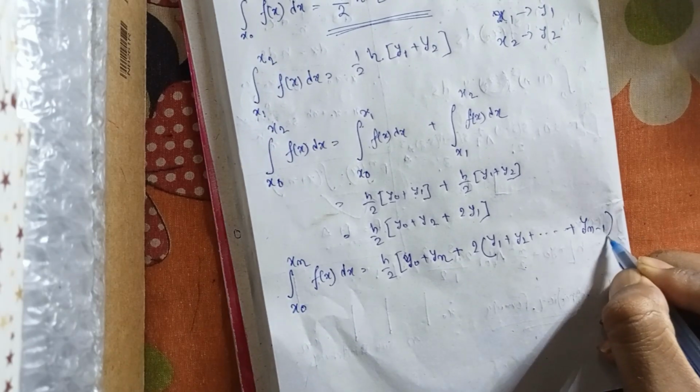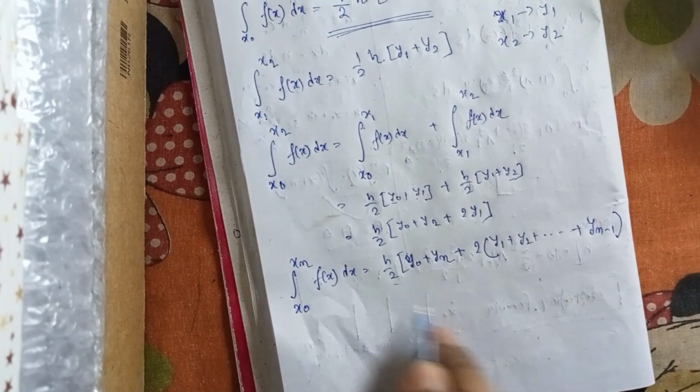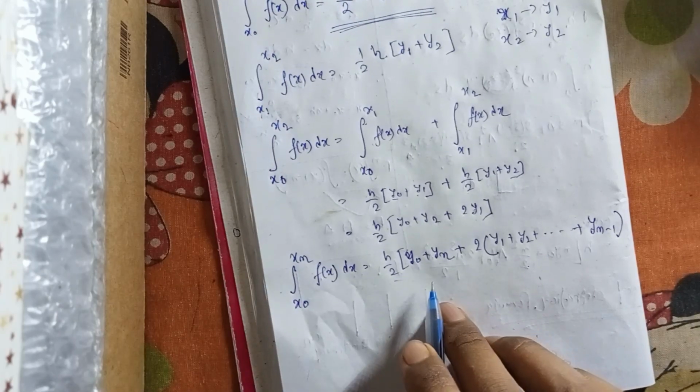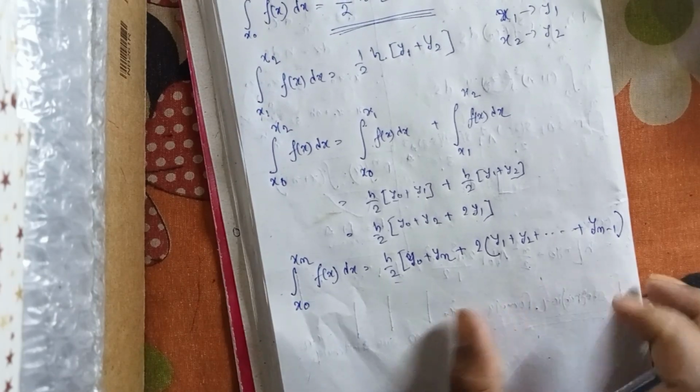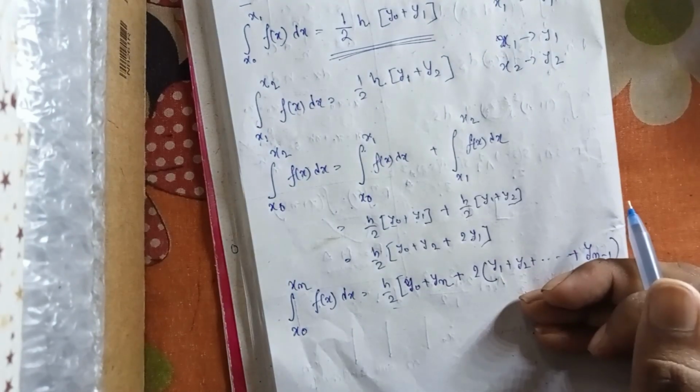Simple. You can see from these examples. So these are the points. So this is the composite trapezoidal rule. Just very simple, and you can derive it in the examination also by this formula.